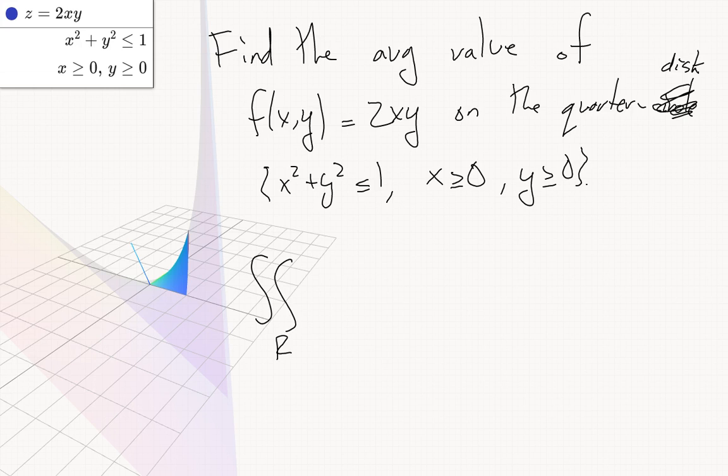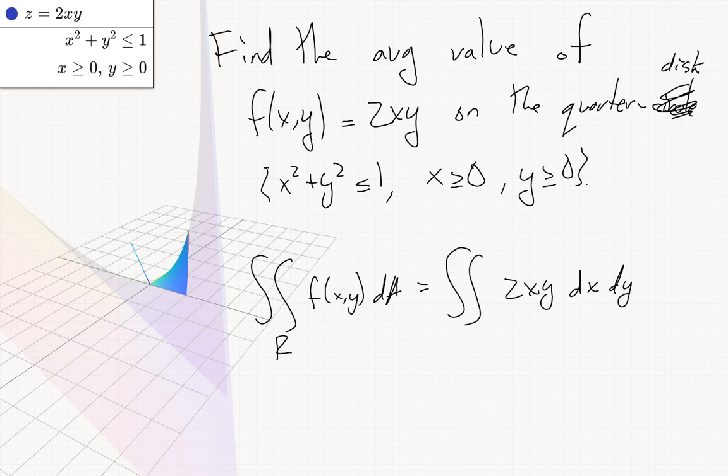Okay, so you want to integrate this. It will be 2xy, and x and y are symmetric here, so we could do it in either order. We get basically the same calculation.